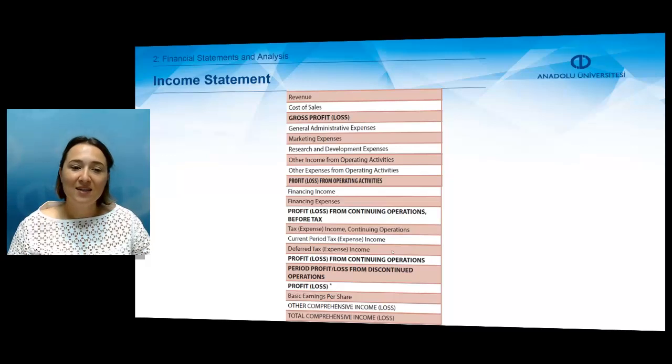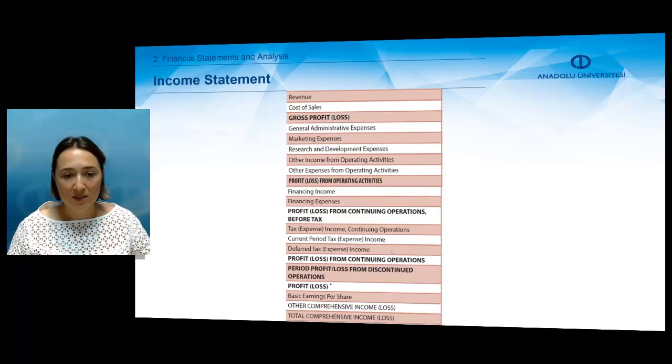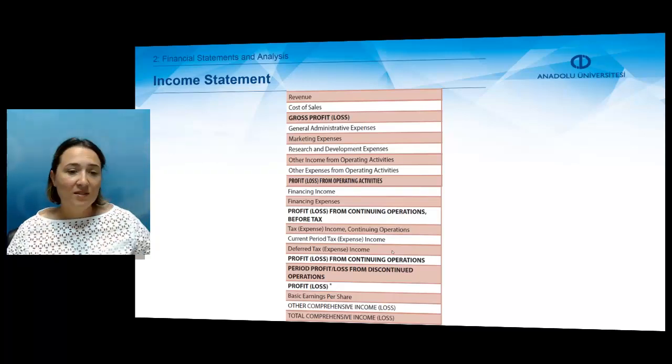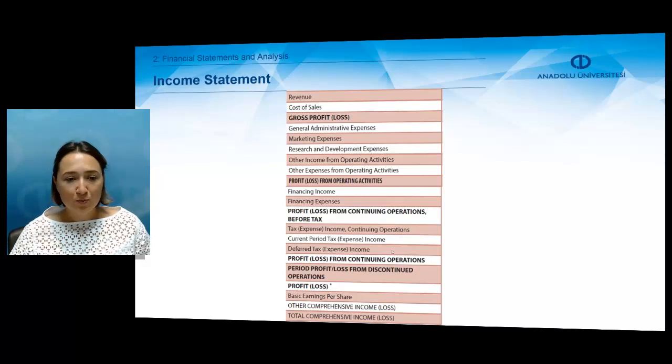After financing activities, we have to consider the tax expense. So if we subtract the tax expense, current period tax income or expense, which we can think of as net and deferred tax, from profit from continuing operations before tax, we will reach profit or loss from continuing operations.